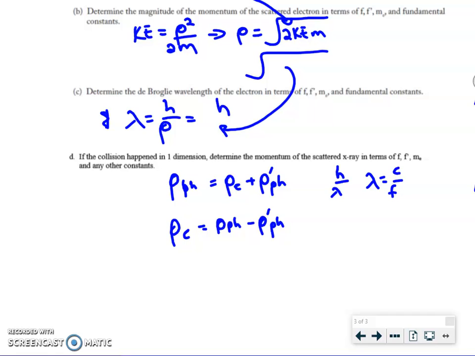That's really the only thing that changes. So this is going to become hf over c minus the answer from here. Hopefully you're making connections there, and again, we'll try to clarify anything in class.